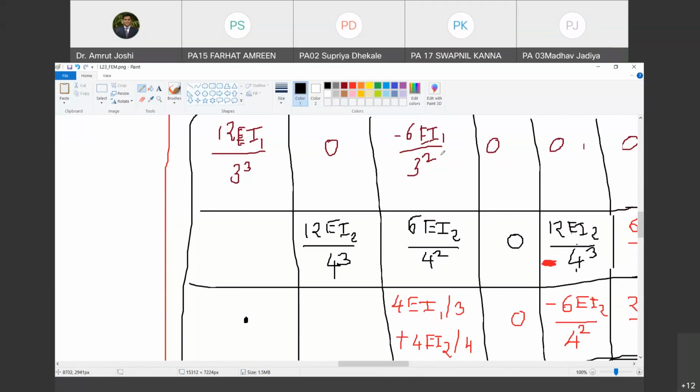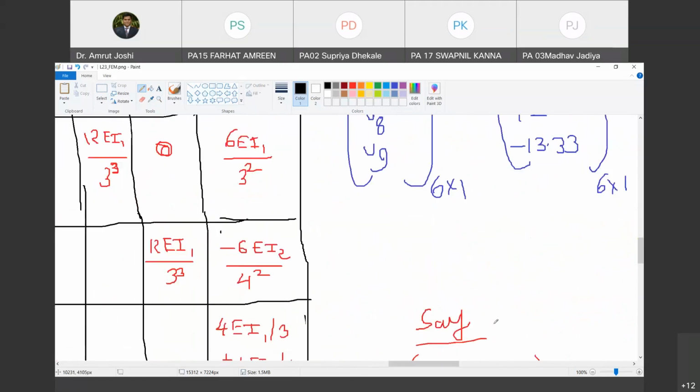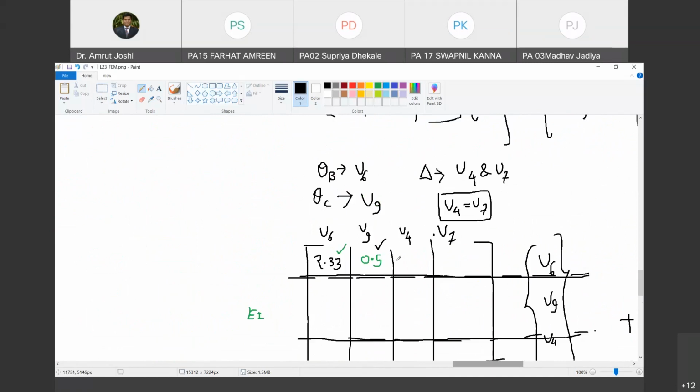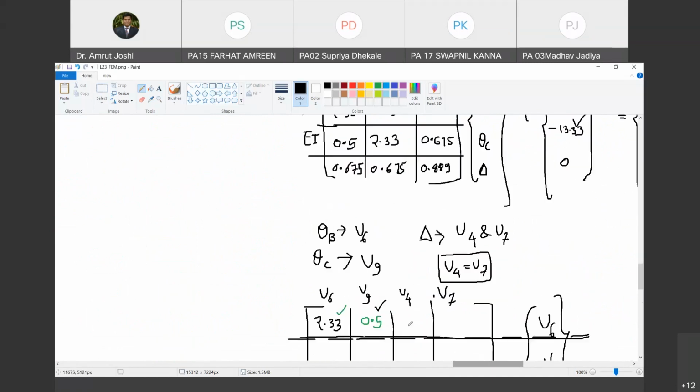Are you with me? Yes, sir. ये दोनों सेम रहने वाले. So it is going to be minus 6EI upon 3 square. समझ में आ रहा है? Yes. तो ये एलिमेंट क्या आया? माइनस 6 अपॉन 3 स्क्वायर बट माइनस साइन आया. एंड दैट्स द मिस्टेक इन दैट कॉम्पिटिशन. क्योंकि 6 अपॉन 9 कितना आता है? 0.675. तो यहाँ पे तो माइनस 0.675 आ रहा है. आर यू विथ मी?